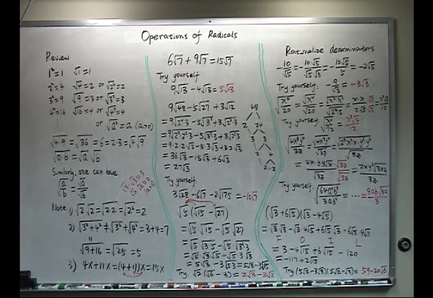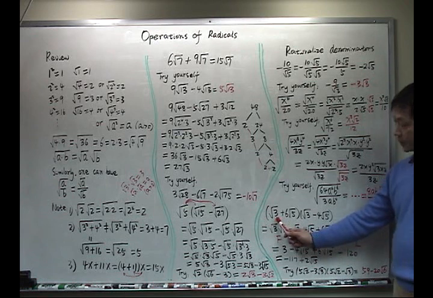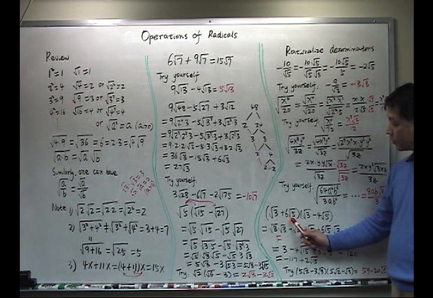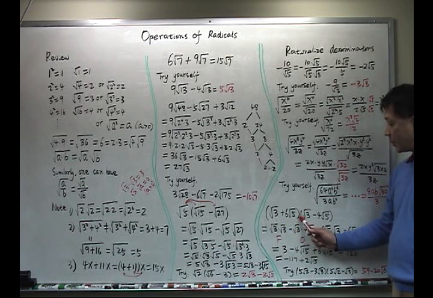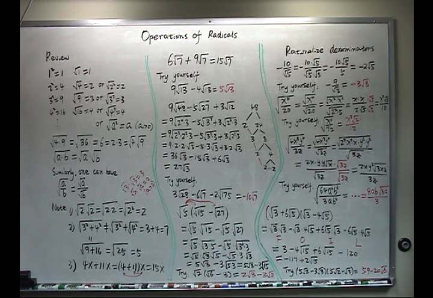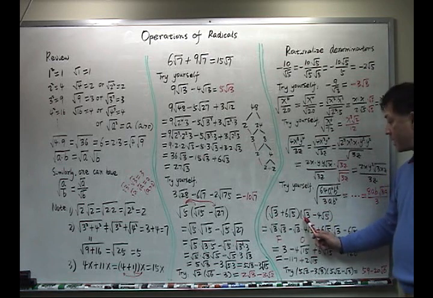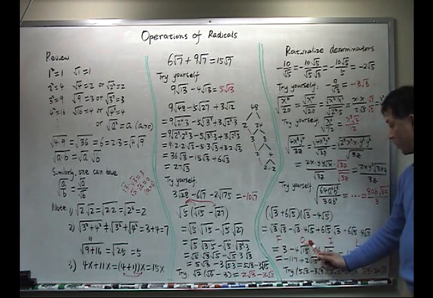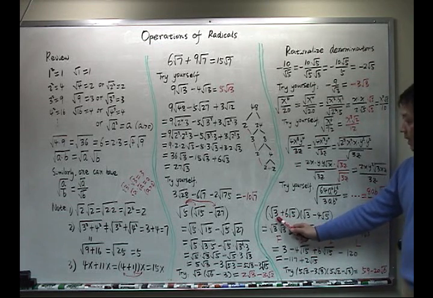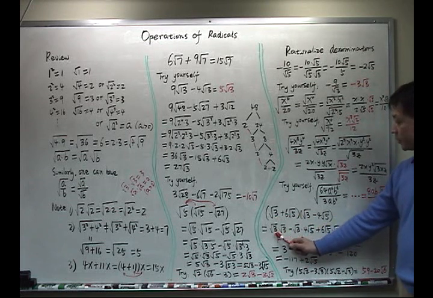Now, let's look at the last example. The last example is radical 3 plus 6 radical 5, times radical 3 minus 4 radical 5, close bracket. We do this one by the FOIL method. The first product is radical 3 times radical 3.